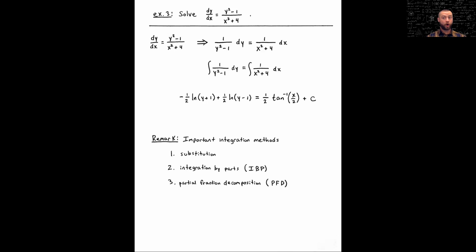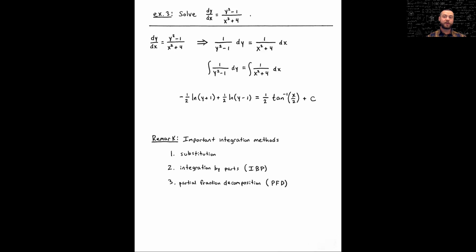Unfortunately, it's not all of the integration methods from Calc 2, but there's 3: substitution, integration by parts, and partial fraction decomposition. If you feel completely proficient with these 3 integration methods, or in other words, if you got through example 3 pretty easily, you're in great shape for the course.